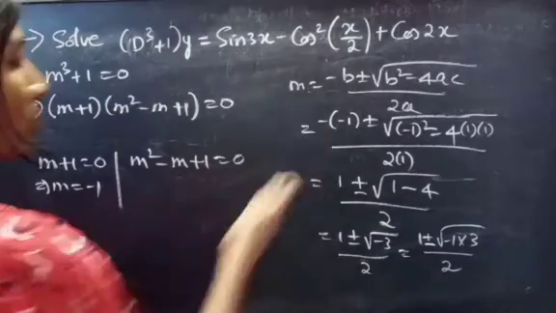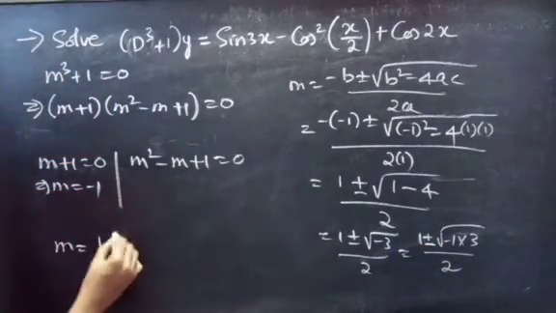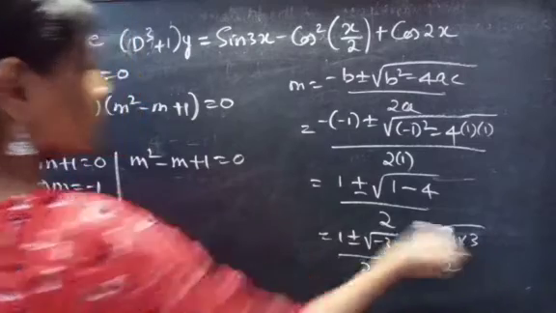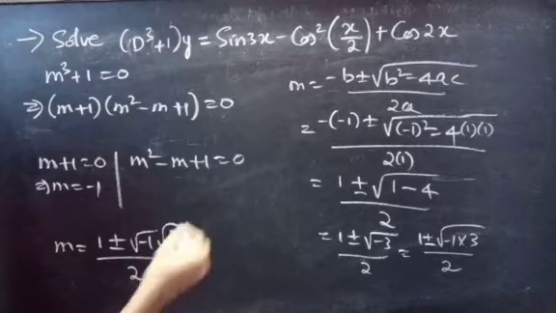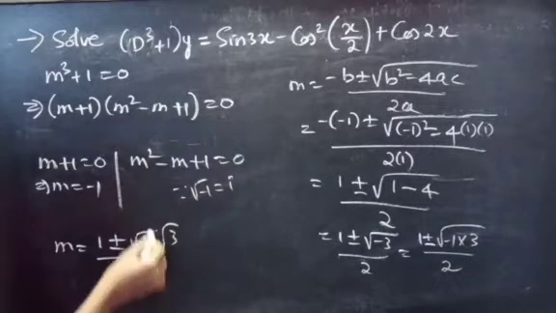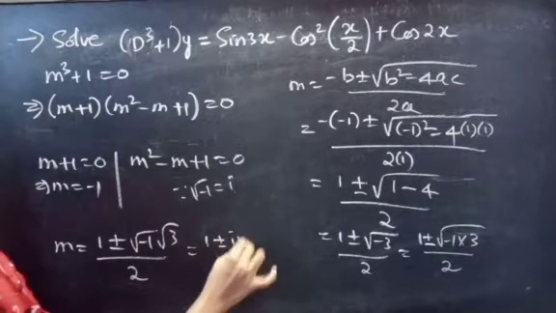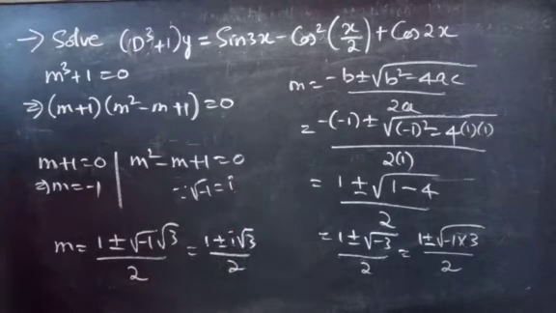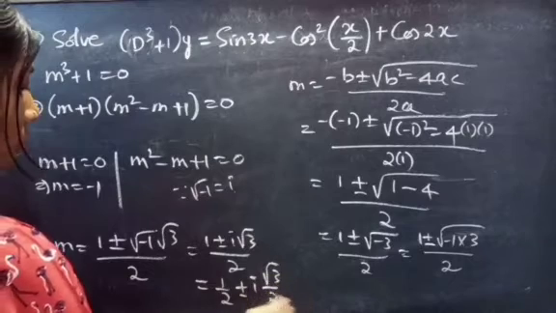Then we'll have m equals to 1 plus or minus, split square root of minus 1 into minus 3 as square root of minus 1 into square root of 3 by 2. Since we know that square root of minus 1 is i, we can replace square root of minus 1 by i. Then we'll get 1 plus or minus i root 3 by 2, which is equals to 1 by 2 plus or minus i into root 3 by 2.